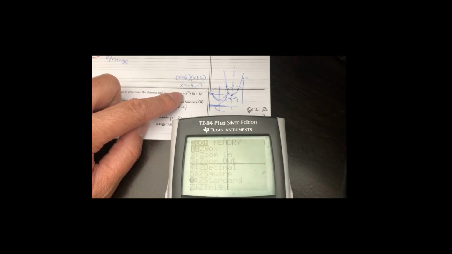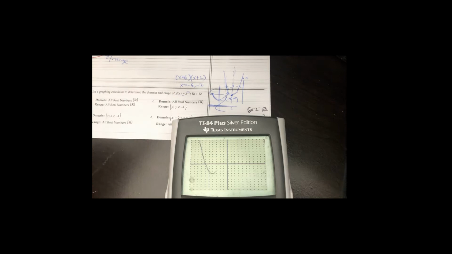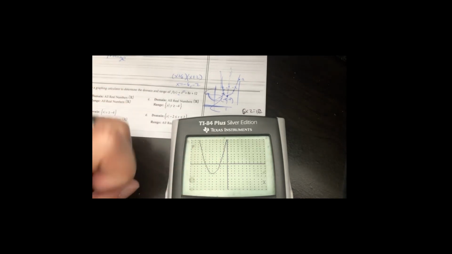Let's double check my graph there. Again, I'm just going to put in y equals, press clear, x squared plus 8x plus 12, zoom 6. There's my graph. And all I really need to know is this point down here. So that looks like a minimum.